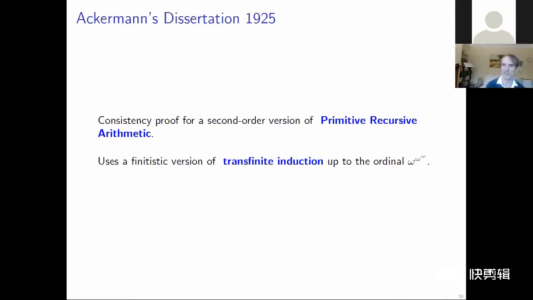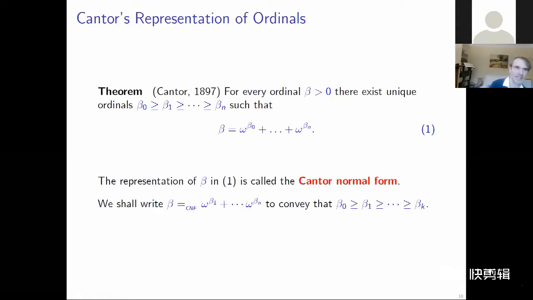And okay, so here already we have this kind of topic that the consistency of a theory in which you can formulate mathematics may be proved by some kind of transfinite induction. Now, this was then pursued much further by Gentzen, and Gentzen also used transfinite induction, and he could actually refer to Cantor's presentation of ordinals in Cantor normal form.